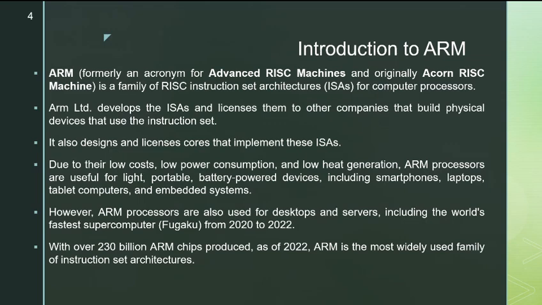However, ARM processors are also used for desktops and servers, including the world's fastest supercomputer Fugaku from 2020 to 22. With over 230 billion ARM chips produced as of 2022, ARM is the most widely used family of instruction set architectures. With this introduction, I will go into the processor basics.